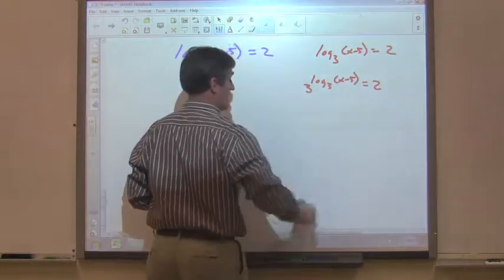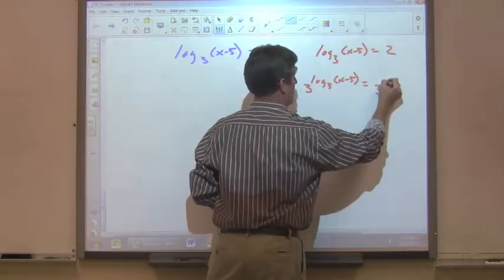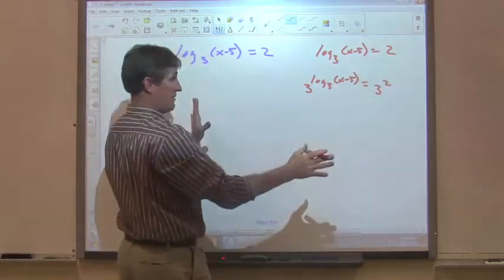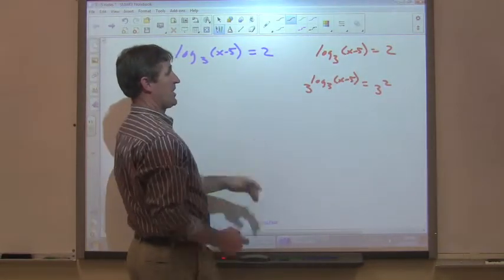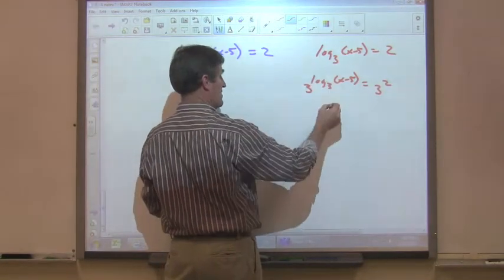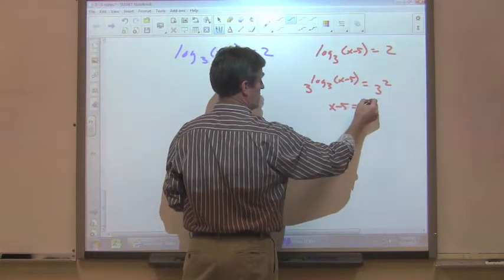Oh, 3 to the second. So what they've done is they just put this to the exponent. Since they're equal, then it should be the same. And then they use the rule that tells us, remember, if this base is the same as this base, that cancels. And so they get x minus 5 equals 9.